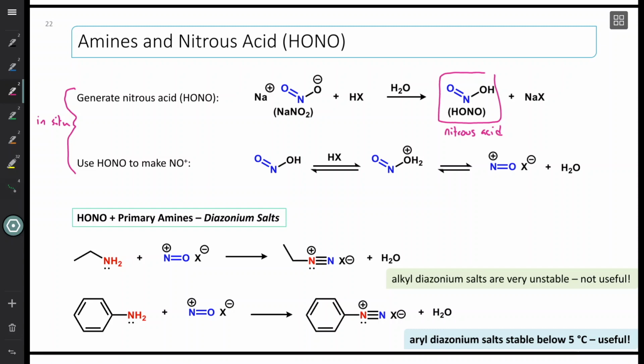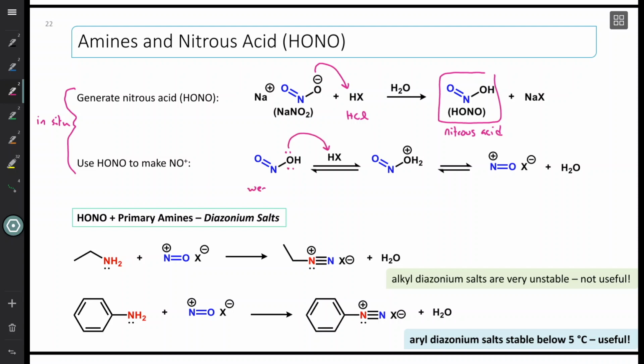So you start with sodium nitrate, and it will react with usually an inorganic acid. So normally probably HCl is a good one, but it doesn't have to be. It will become protonated into HONO, the nitrous acid. And now once you have nitrous acid in the pot, with these acidic conditions, it becomes protonated again, right?